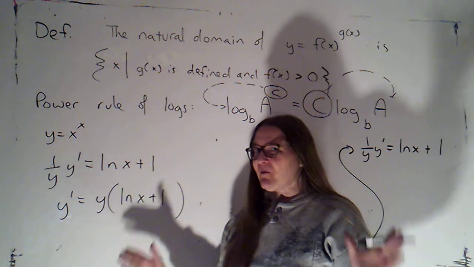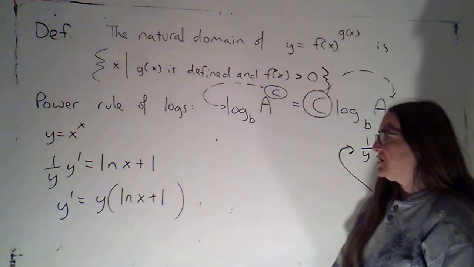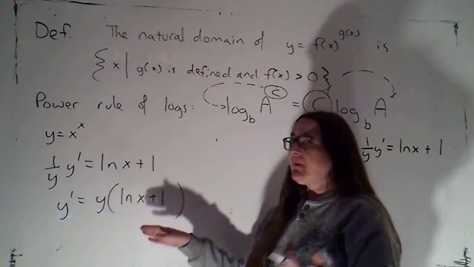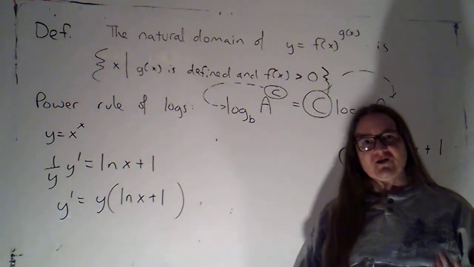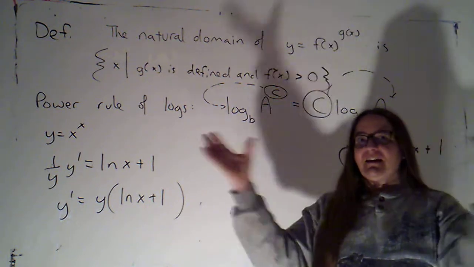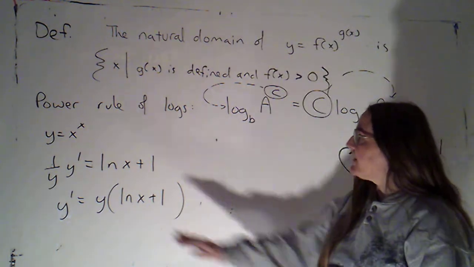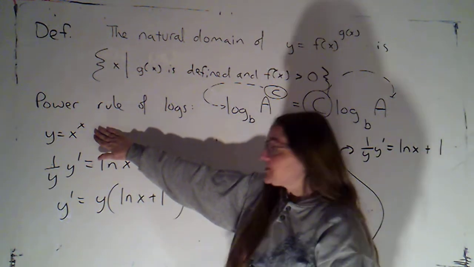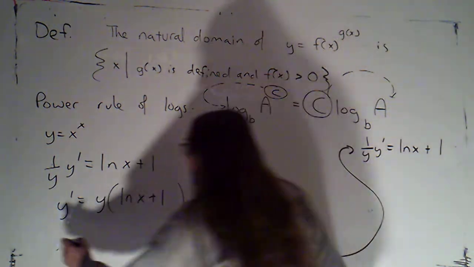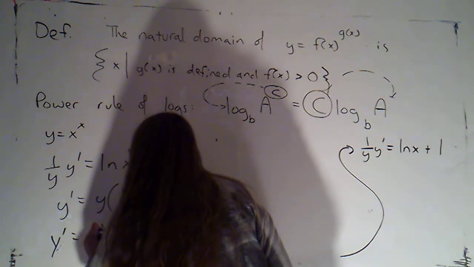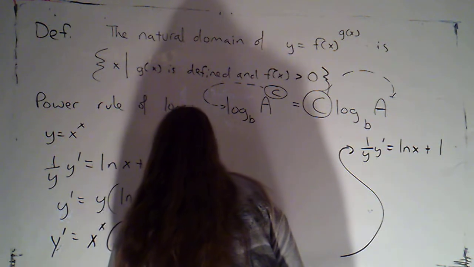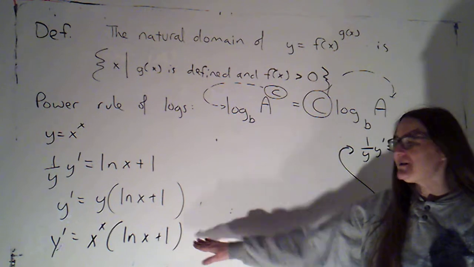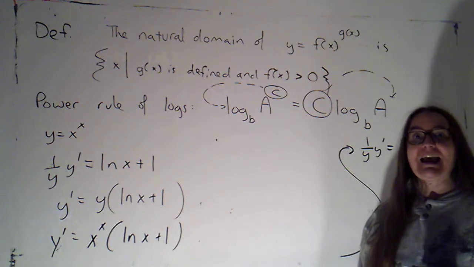Now, ordinarily, when we use implicit differentiation, it's okay to have x's and y's in our final answer. But here it's not, because we didn't start with an equation that implicitly defined y as a function of x. We started with an explicit formula for y. So I'm going to just replace that y with x to the x. So that is my derivative for x to the x.